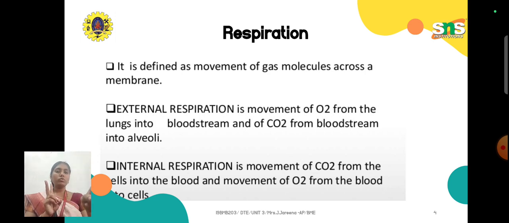One is external respiration, another one is internal respiration. In external respiration, the O2 moves from the alveoli to the bloodstream, and from the bloodstream to the cell, it's called internal respiration. All of this together happens as the mechanism of the breathing process.